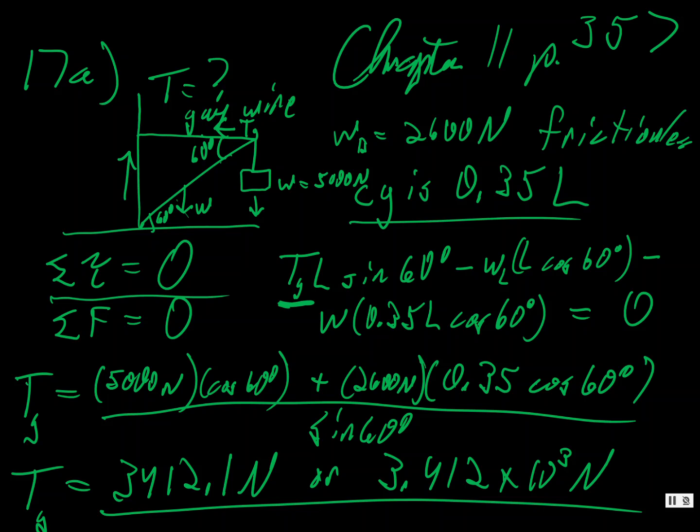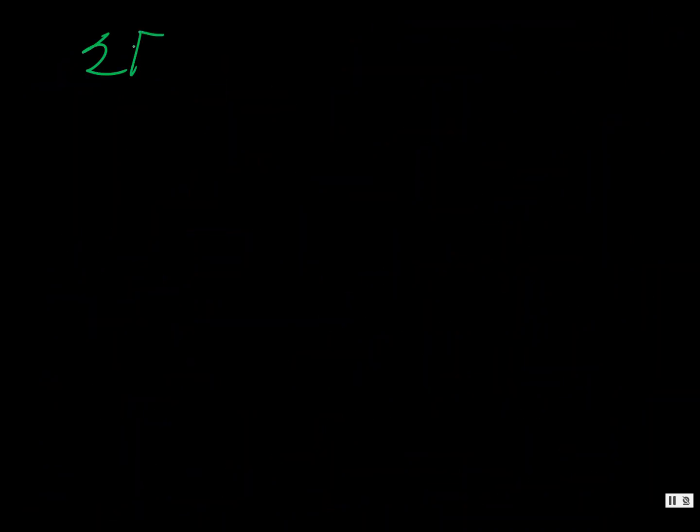All right, now, so we know then that the sum of all the forces is equal to 0. It's not accelerating. So we have determined the tension in the guy wire. Let's back up.